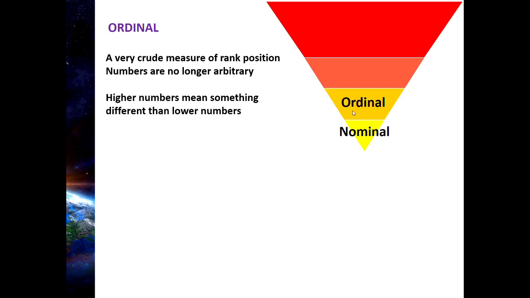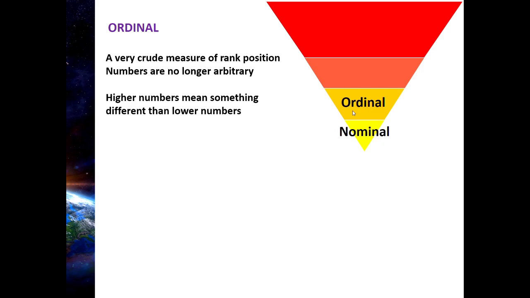So, for example, lightest to heaviest, least to most. So the numbers are not entirely arbitrary anymore. They convey information about rank, position, or order. Okay? Higher numbers mean something different from lower numbers.